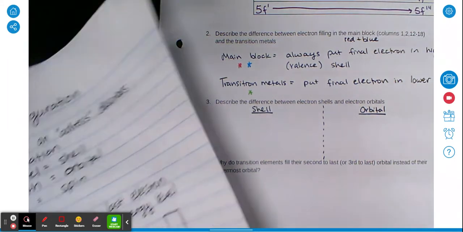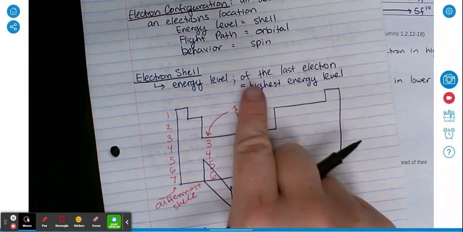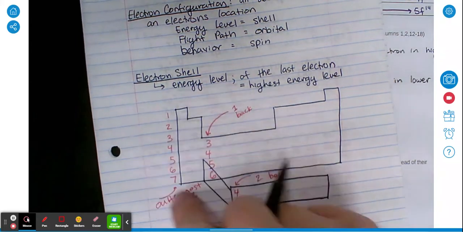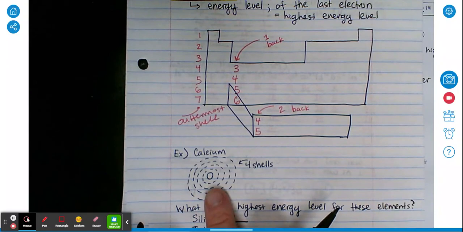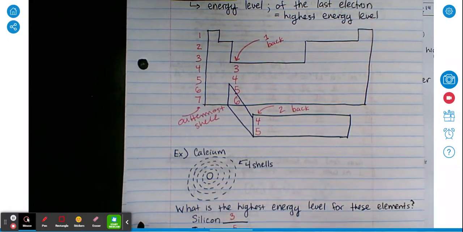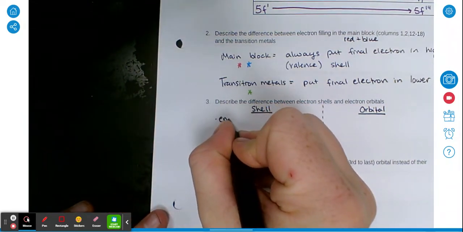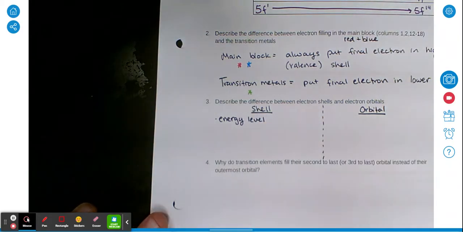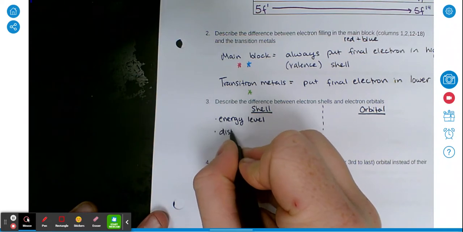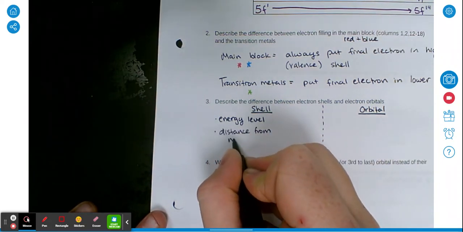All right. So, electron shell is the energy level. Particularly, we're usually concerned about the highest energy level, and the way we draw electron shells is with the rings, like the Bohr model. And what that energy level really represents is how far away an electron is from a nucleus.